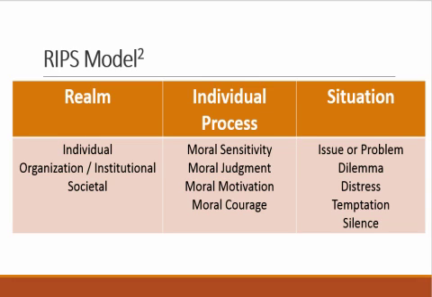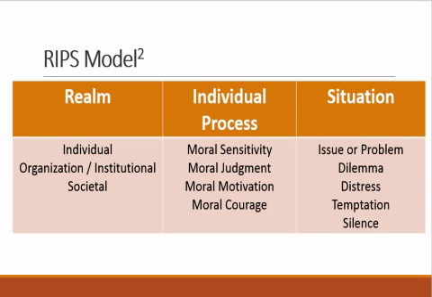The individual process. This looks at moral behavior and what the situation requires of the individuals. Do you need to have moral sensitivity? So that's the first individual process, where this is recognizing, interpreting, and framing the ethical situation. Do you need to make a moral judgment? So the decision on right versus wrong.